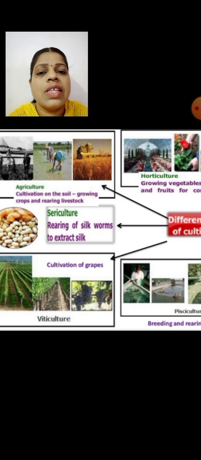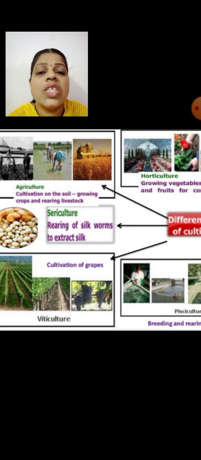Yes, especially the silk sarees, silk materials. So children, from where do we get this silk? Yes, this silk is extracted from the silkworms. By rearing the silkworms, we get more silk from these worms. And this cultivation is known as sericulture.